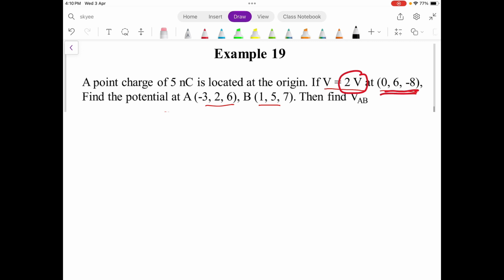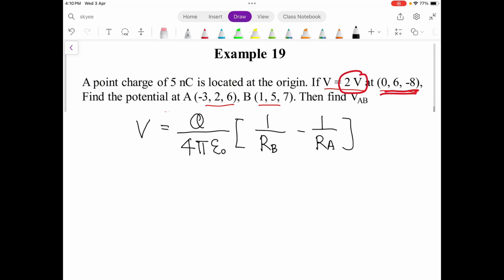If you try to relate with the formulas that we have, we must have a Q for the potential, then 1 over RB minus 1 over RA. In our previous case, this RA we just assumed to be 0 because the question said so.